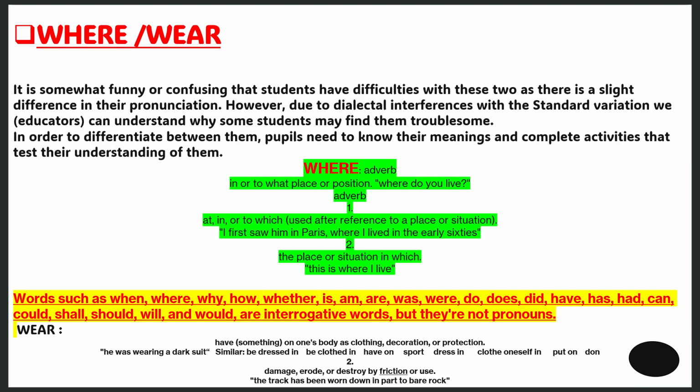So wear, like you have wear and tear, right? So it's damage, erode, or destroy by friction or use. Example, the track has been worn down in part to the bare rock. Okay, right? So that's it for the second.